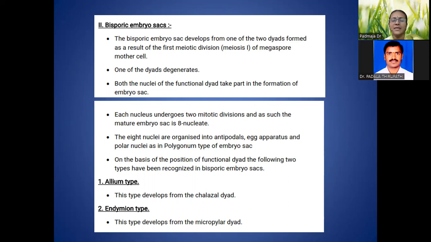That means the chalazal dyad is functional, and that dyad participates in the embryo sac development. And in Endymion, the micropylar dyad will be functional, and from the micropylar dyad, the embryo sac is developed. That is called Endymion type. These 2 come under the bisporic embryo sac.